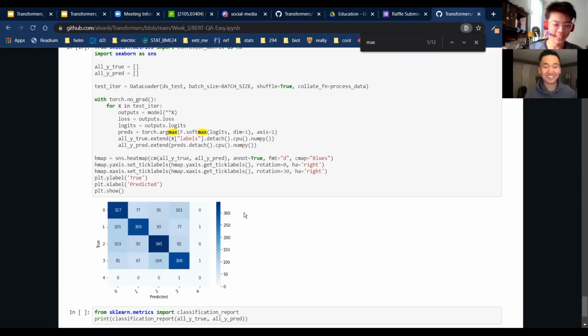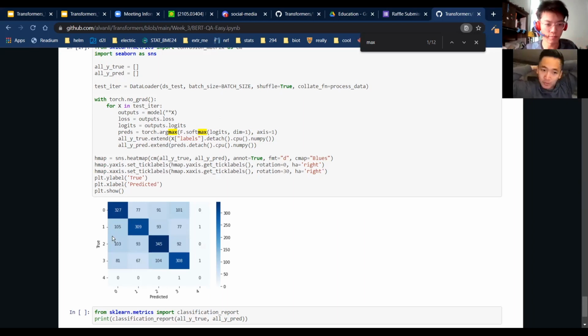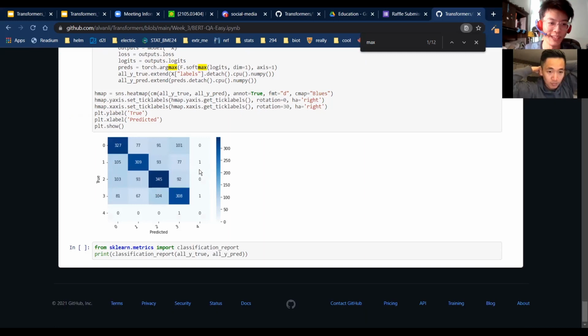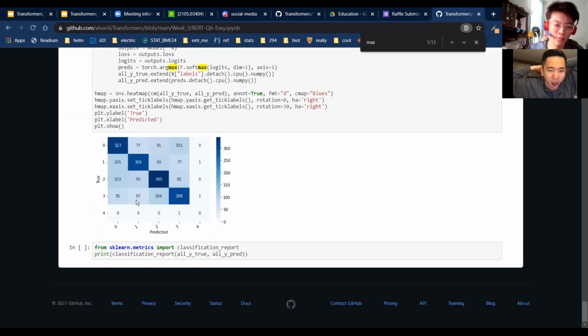This is a confusion matrix. I'm visualizing the results on the test data. It's okay-ish: it's predicting the right answer most of the time, but a lot of the time it's also predicting the wrong answer.